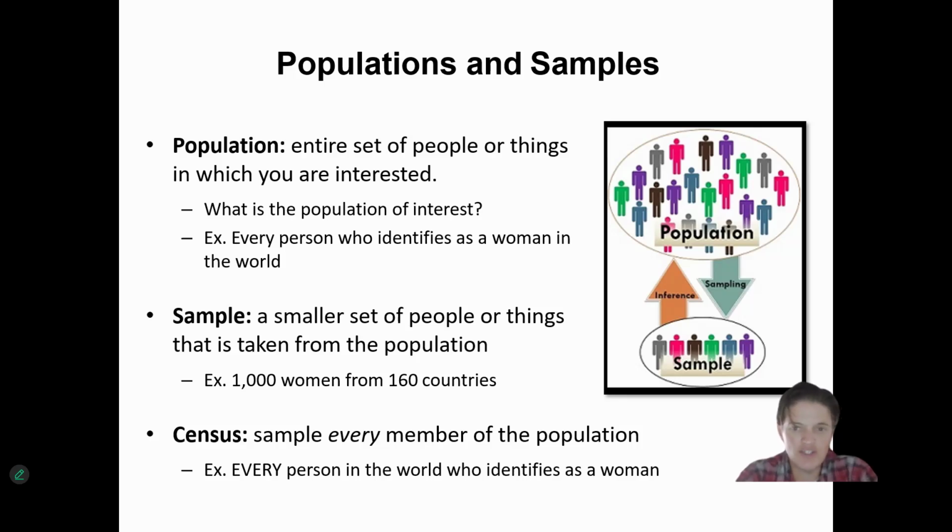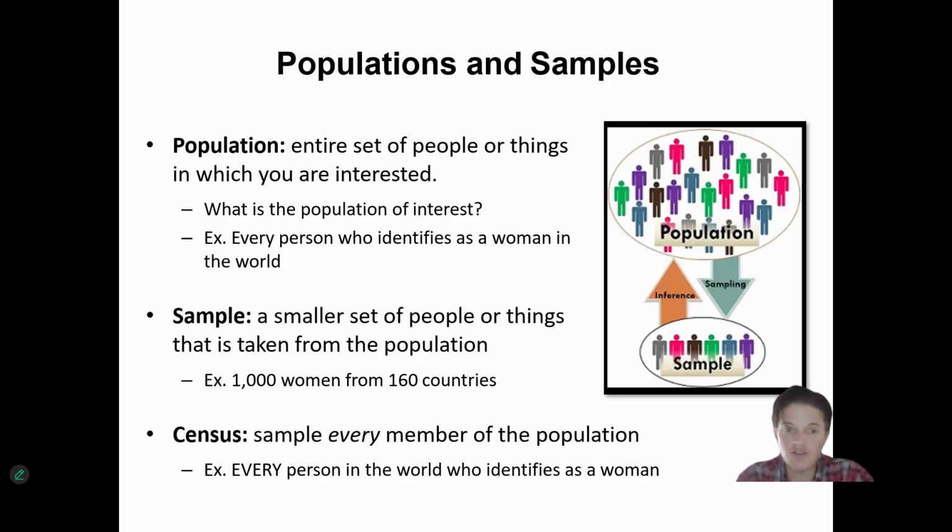Now, when you're doing research, you don't actually have to ask the entire population in order to make a conclusion. And actually, to be honest, it's not even possible to ask everyone most of the time. Even getting everyone in one class might be impossible to do if one person never responds or shows up. So, in order to counter that, what we do is we take a sample.